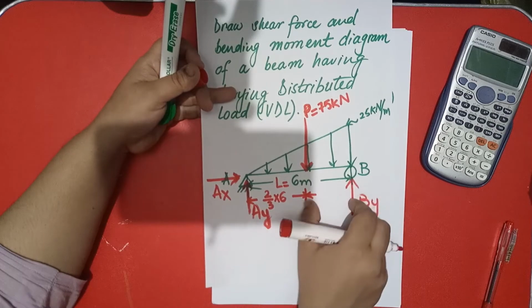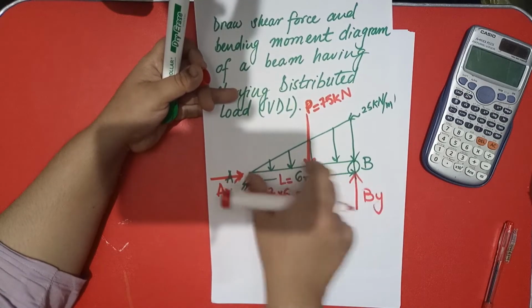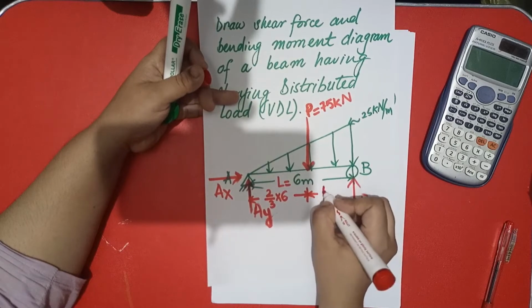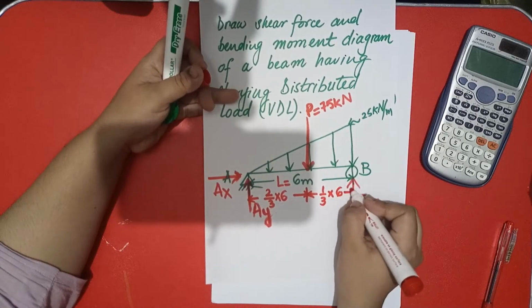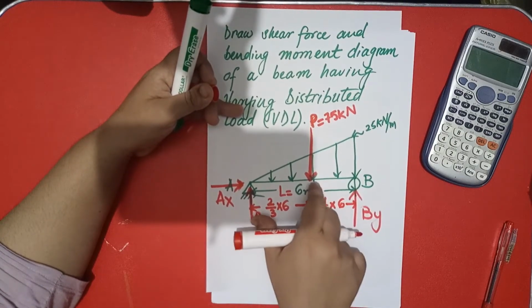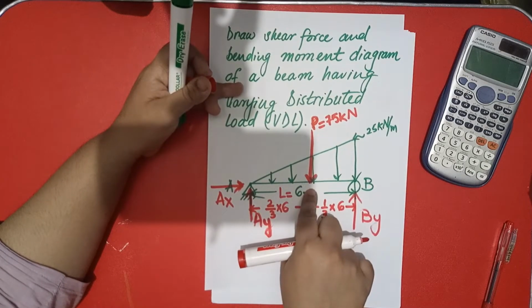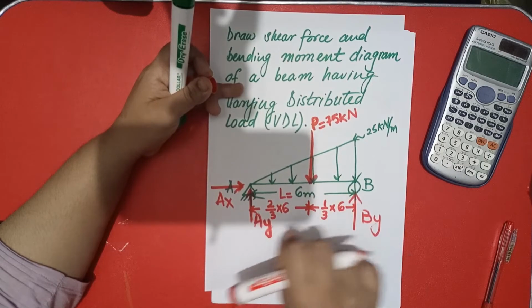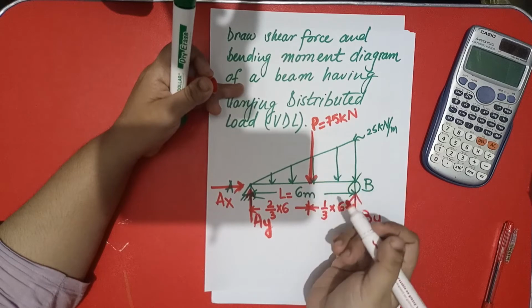This is the longer side of the triangle, and this is the shorter side of the triangle. So what you have to do, you have to put 1/3 into 6. This is the way to distribute the distances from the support to the point load, which you have converted from the triangular loading. You can say you have transformed triangular loading into the point load.